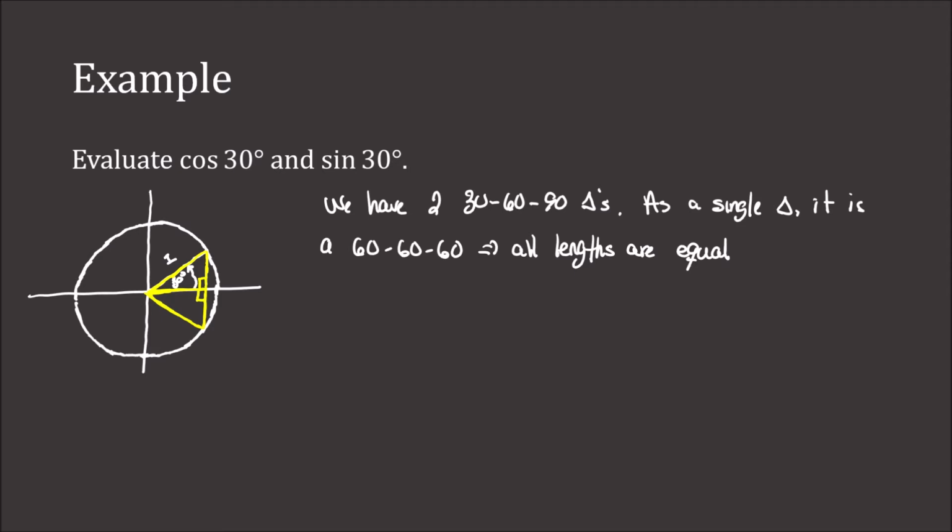So this length here must be equal to this length right here. Well, half of it's y, right? So 1 must be equal to 2y, which means that y itself is equal to 1/2.